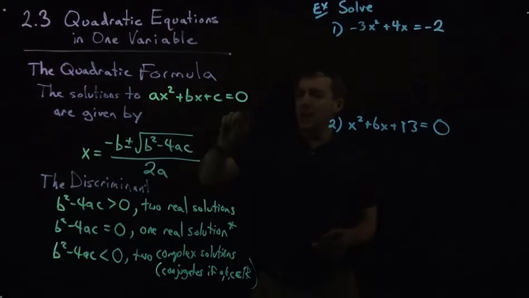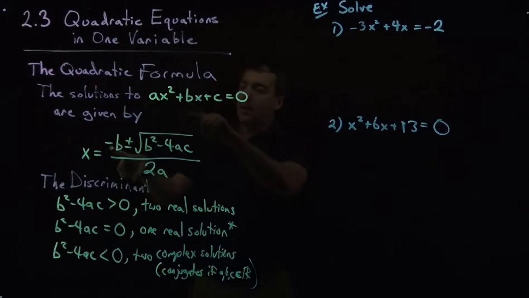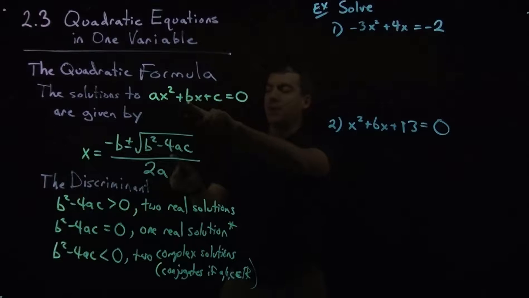Everything is on one side equal to 0, and we can identify the a, the b, and the c. Then the solutions to this are given by this. So that's x equals negative b plus or minus the square root of b squared minus 4ac all over 2a.